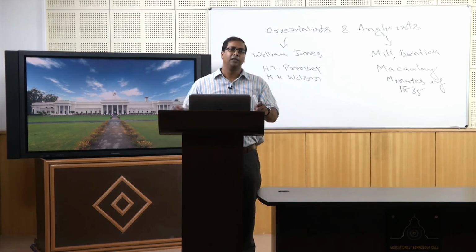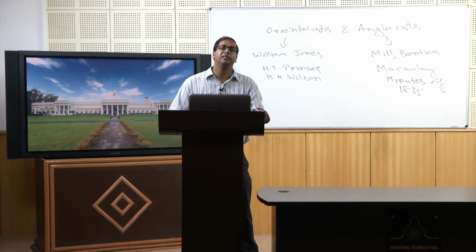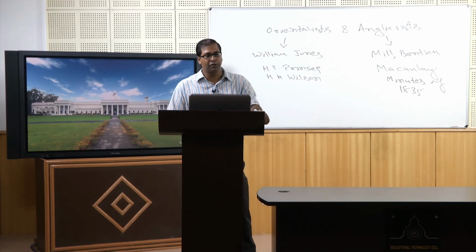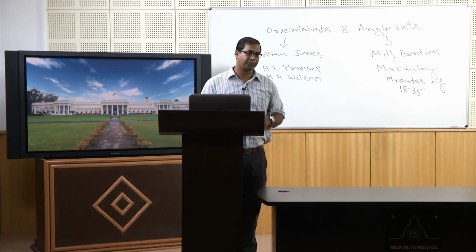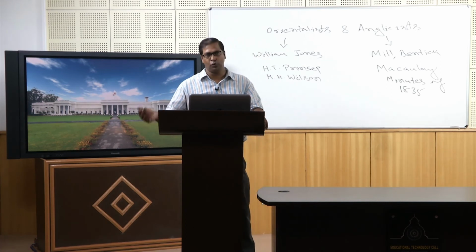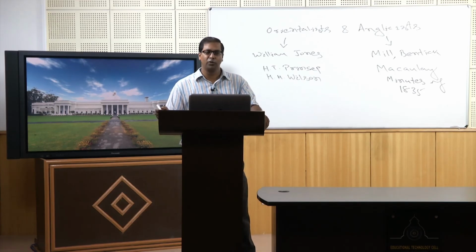They felt that with the introduction of railways, it would be easier for the government to maintain law and order all over the country. So railways was introduced in 1849. Telegraph was introduced in 1850 for a faster communication system, and the postal system was also reformed.